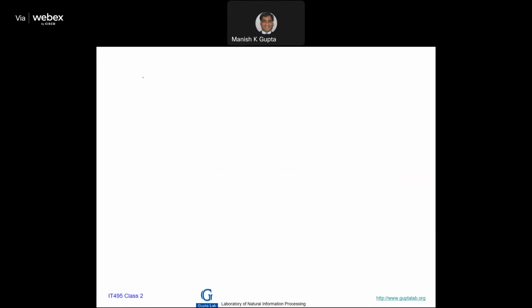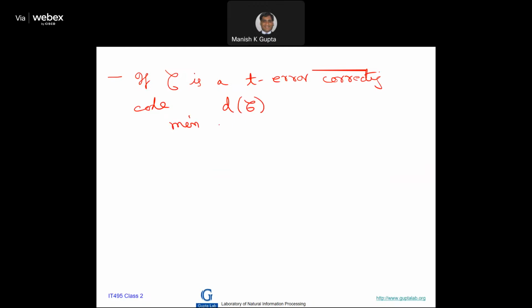So suppose, I want to show you the one fact that if C is a T error correcting code, then minimum distance of C, minimum means minimum Hamming distance I am talking about, is at least 2T plus 1.